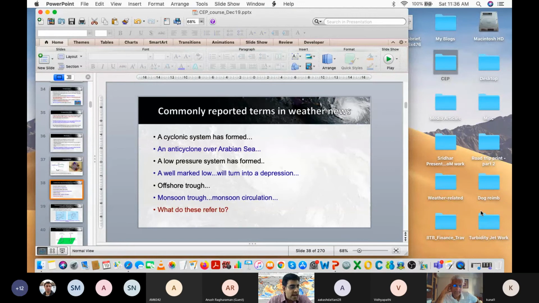There is a separate topic on jet streams which I have. We can talk about that at that time, or if everybody's interested, we can move to that module now, or have a 5-minute break and then go to that.